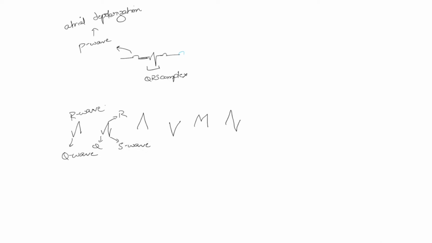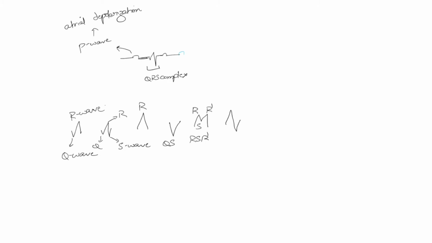Now here there's just a positive deflection, so that's an R wave. Here there's a negative deflection, but there is no positive deflection, and this would be called the QS. And here, notice how you see a first upward deflection. So that's an R. The negative deflection would then be an S. And you have a second deflection, and you've already used up R. So we're going to call this R prime. So this would be the RSR prime pattern.